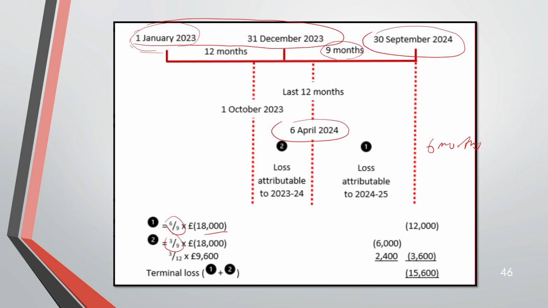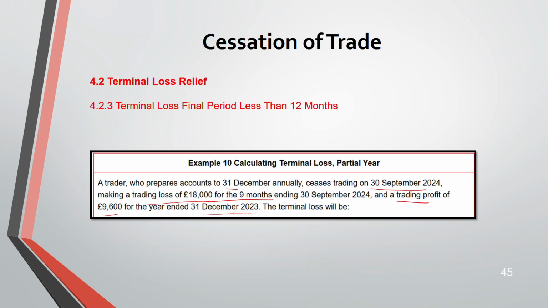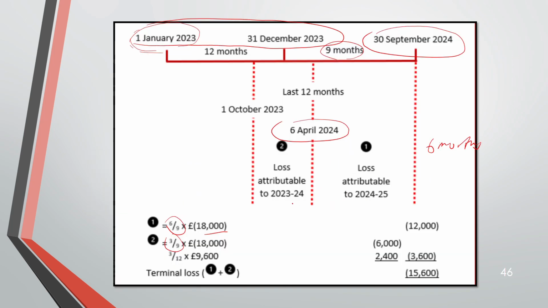See the tax year when the loss arises: trading loss for 9 months, January to September. So it falls partly in 23-24, and some part falls in 24-25. So here it is 3 months, and here it is 6 months. One is 6, two is 3. That's what we have taken. So we have taken the loss. But here we have some profit also.